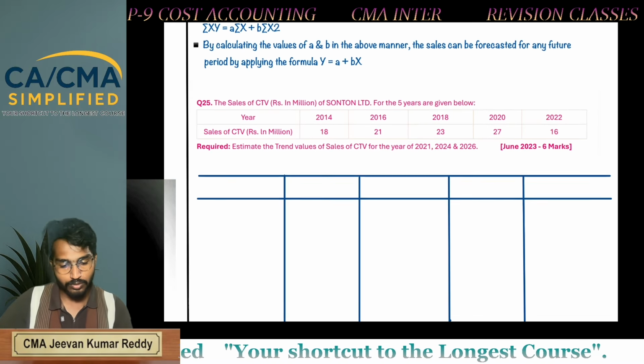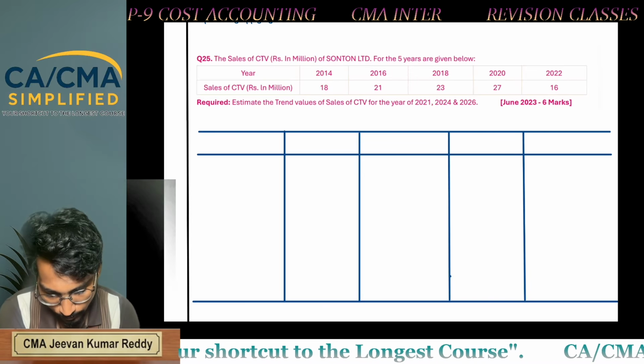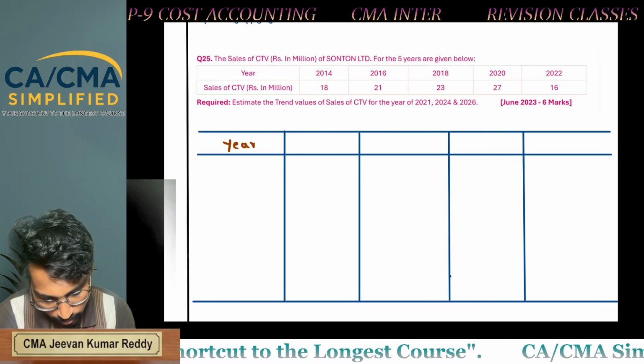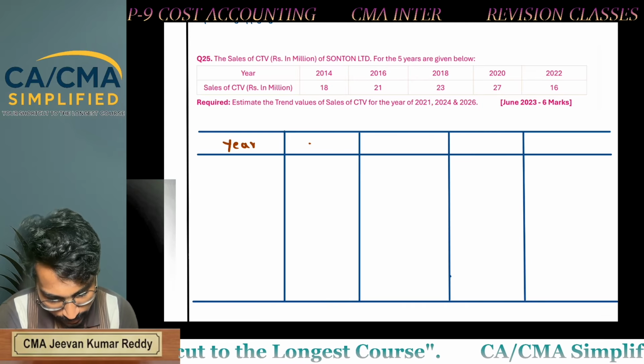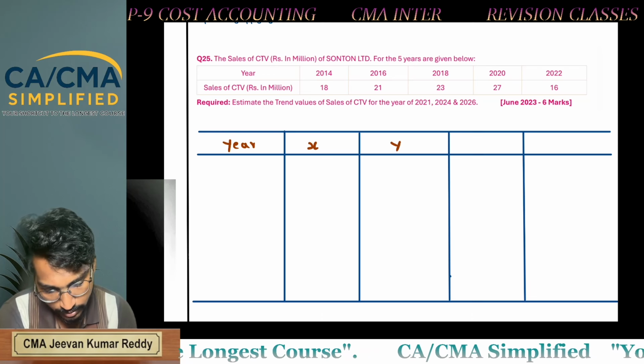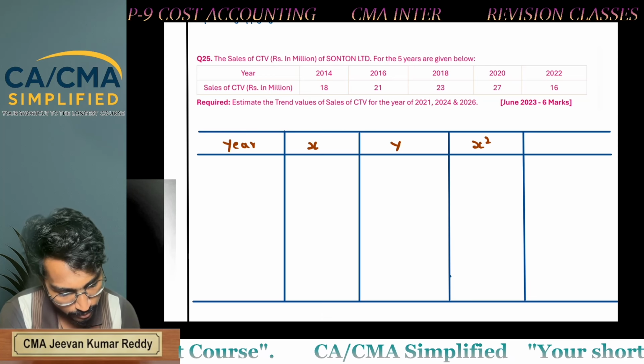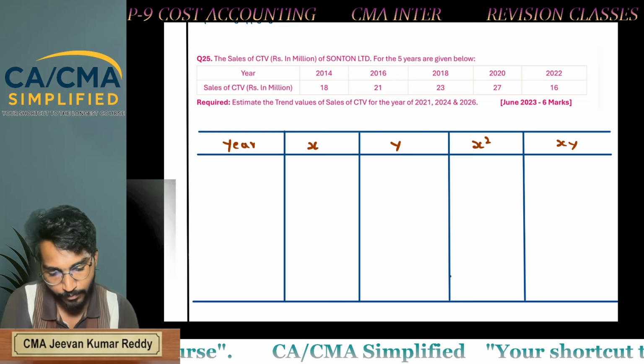We will do one problem now. Here we have year, next x, that is deviations, next y, that is your sales, x square, xy.